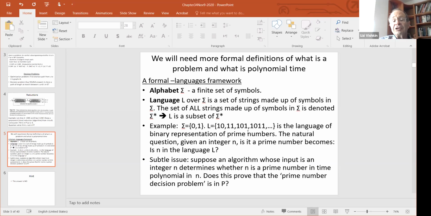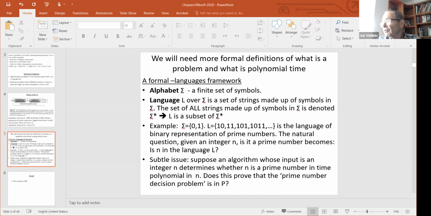And the question that you will get here, which is really the mindset of the new type of problems that we are going to discuss from now on only in the form of languages, for mathematical rigor, is: I'm giving you an integer n, and the question is, is it a prime number? Or in other words, I give you an integer n, is it in L, where L is the language of prime numbers?